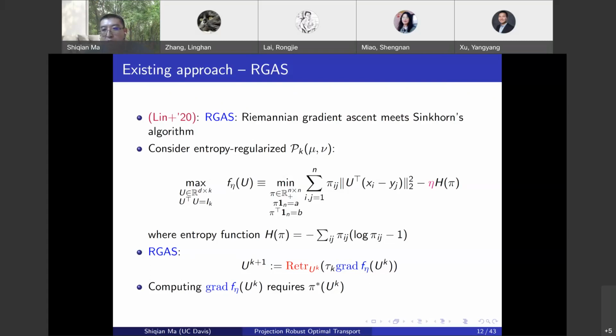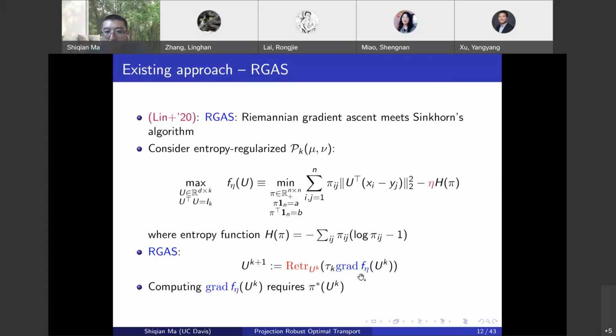So when you take the gradient step, you're outside of the feasible region. The retraction operation can bring the iterate back to the surface, back to the manifold. This is just a standard procedure in the Riemannian optimization literature. All right. So this is the Riemannian gradient ascent algorithm.